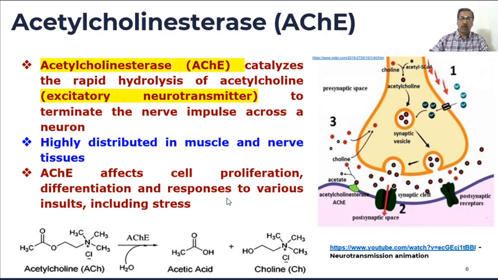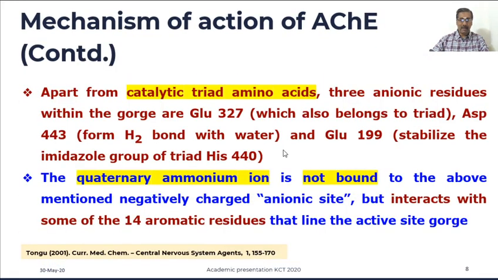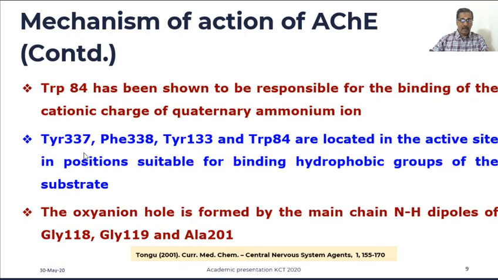So if you want to hold your substrate acetylcholine very effectively for hydrolysis, the system has to generate a hydrophobic interaction. Such hydrophobic interactions will be generated by this set of amino acids present in the catalytic site of your acetylcholinesterase.